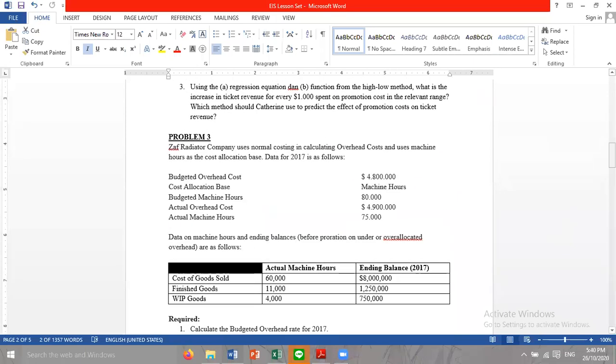Now, problem 3. Before we get to problem 3, I'll be explaining a little bit of theory on job costing. Well, job costing does not have a lot of theories. It's mostly practical. So maybe a few important theories is that we use the job costing system to allocate costs when our business model has multiple units of distinct products or services.